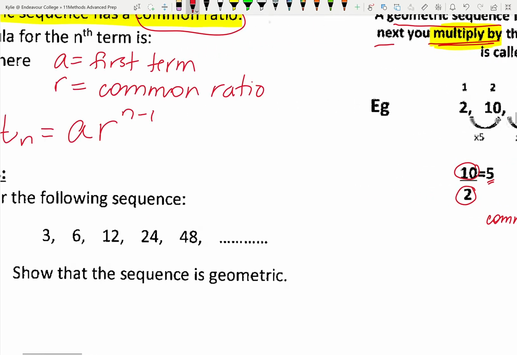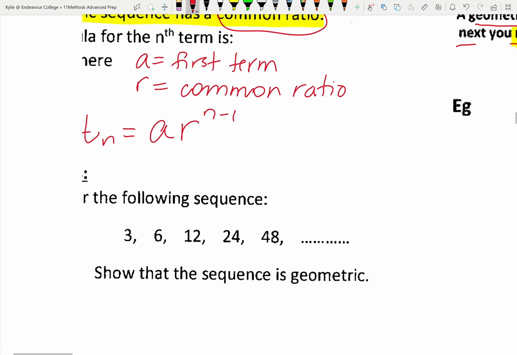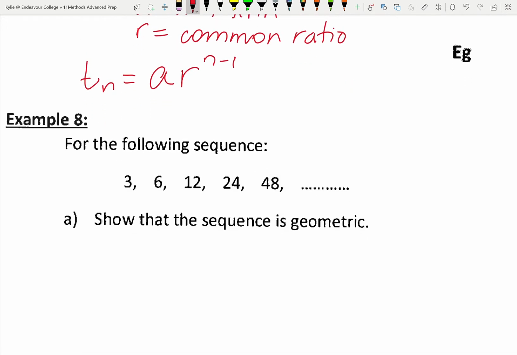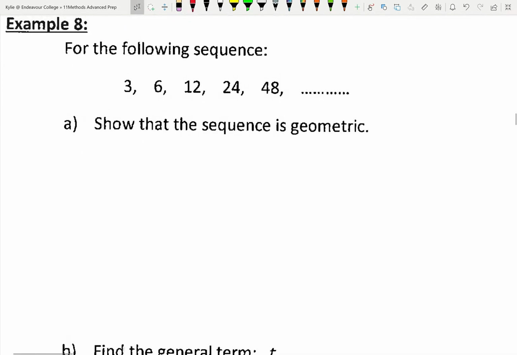All right, let's have a look at example number 8. For the following sequence, show that the sequence is geometric. Remember, in a show question, you just use the numerical values. Start with the last term, 48, divided by the previous term, 24. 48 divided by 24 is 2.